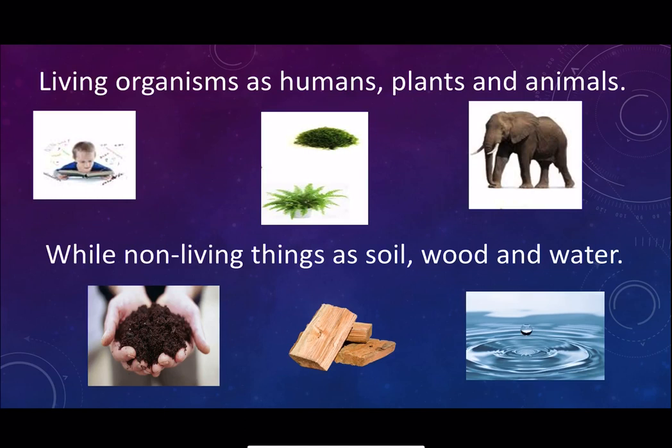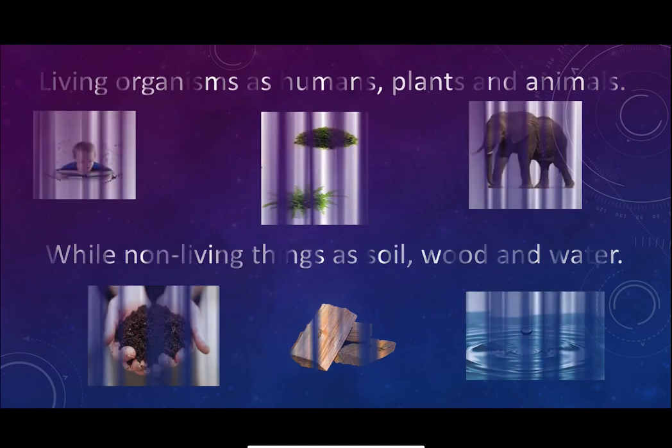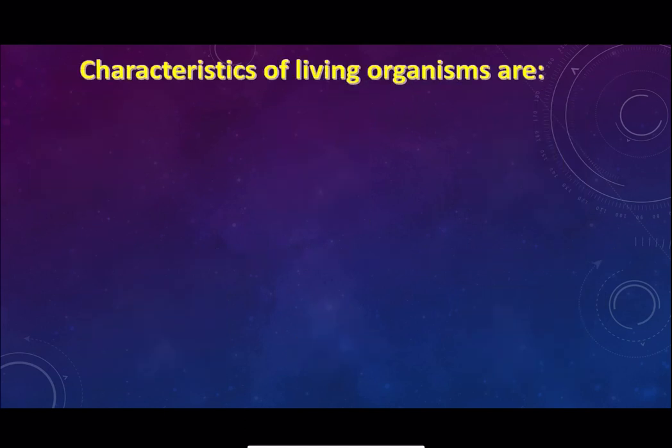So, now I can easily recognize living organisms by knowing their characteristics, which are: the first one, motion. Motion, its ability to move. Nutrition, its ability to eat or drink.